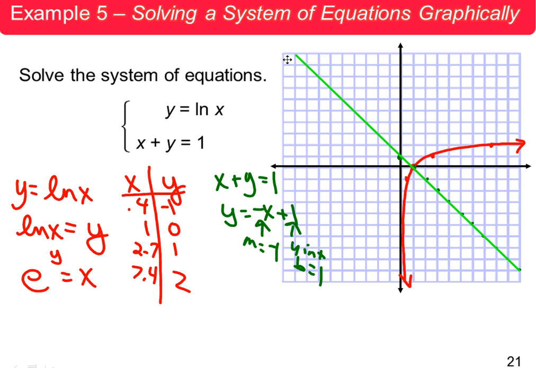Graphically, I can even see for this one the point of intersection. So our point of intersection is right there at 1, 0, and that is the solution. Sometimes we'll use that just to give ourselves an idea of where that solution might be as we go through this.